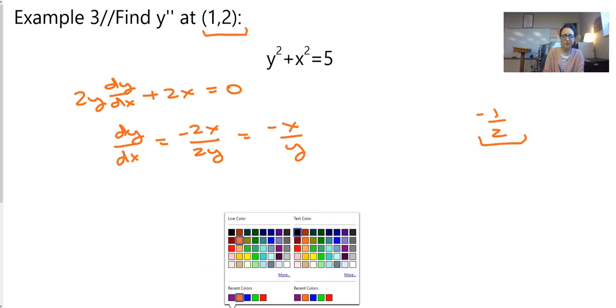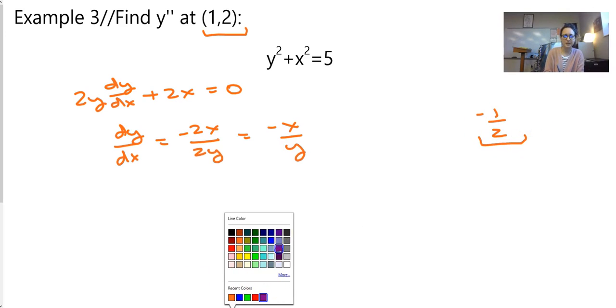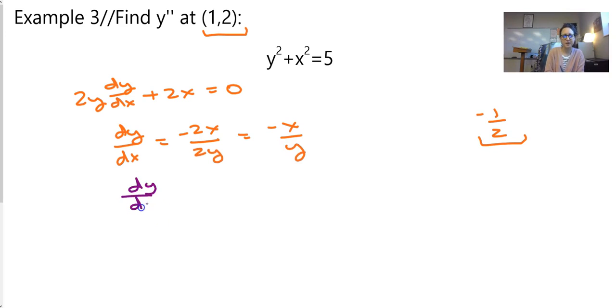Okay, now we need to go ahead and find the second derivative, right? So I'm going to write this down here, that dy/dx is negative x over y. Now I want to find the second derivative, so the derivative of the left side would be the second derivative, right? Now for the right-hand side, any special rules? Quotient rule here, right? But keep in mind that when you are differentiating with respect to x, anytime you differentiate a y term, you need to tack on dy/dx. y is a function of x, okay?